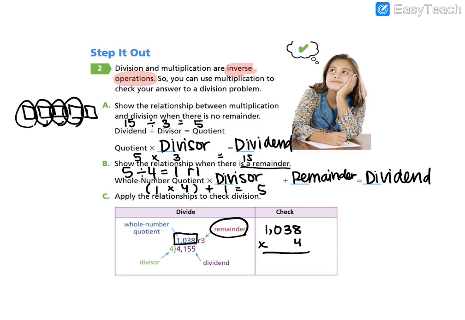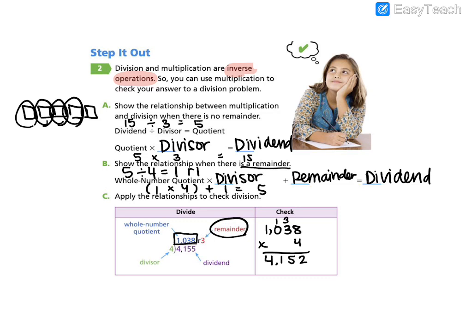So first, let's multiply. 4 times 8 ones is equal to 32 ones. 2 ones, 3 tens. 4 times 3 tens is equal to 12 tens plus the 3 we need to regroup, which is 15 tens. 5 tens, 100. 4 times 0 hundreds is equal to 0 hundreds plus that 100 we needed to regroup, so 100. And 4 times 1,000 is equal to 4 thousands.